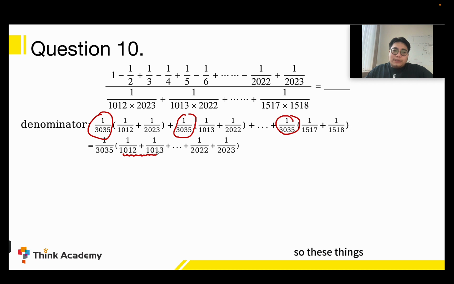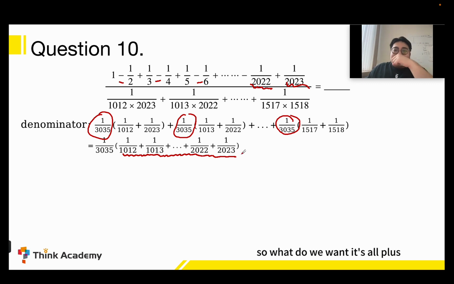You see 1012, 1013, 2022, 2023. So there is some similar part on the numerator. But the numerator is minus 1 over 2, minus 1 over 4, minus 1 over 6. So what do we want?